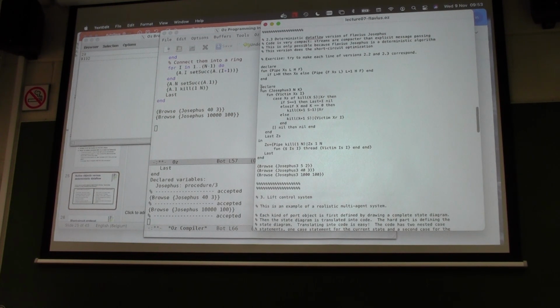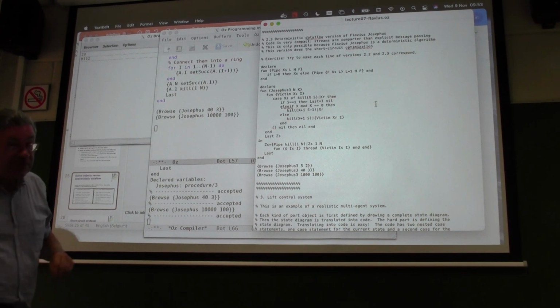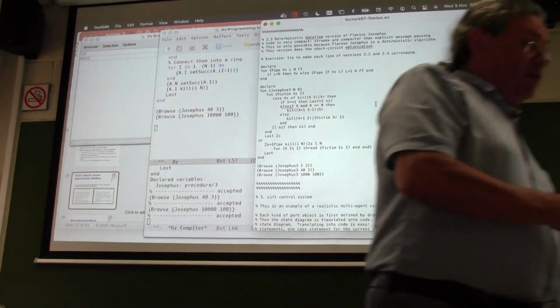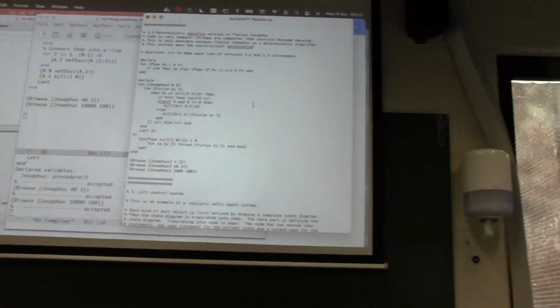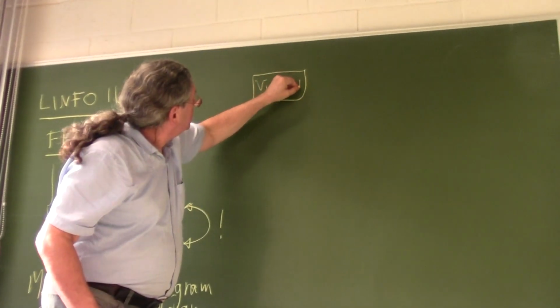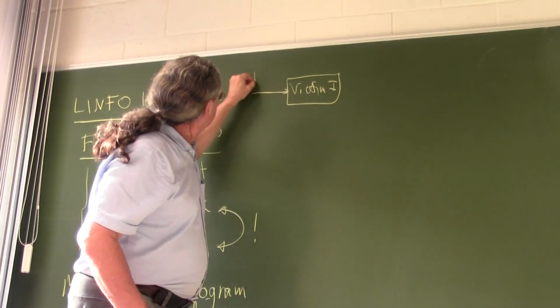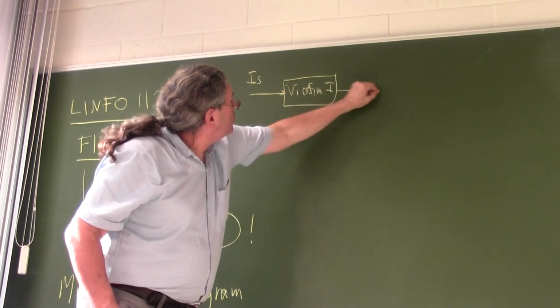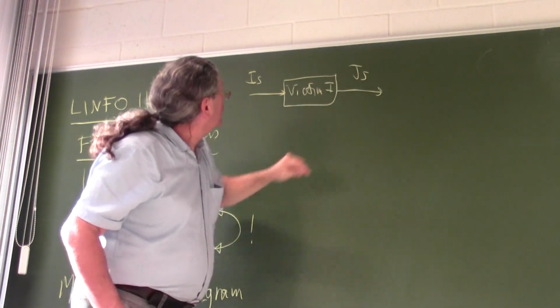Okay. So the deterministic data flow version, let me first make a picture of how this thing should work. And then we'll look at the code. So the victim I has an input stream, which I call IS, and an output stream, JS.